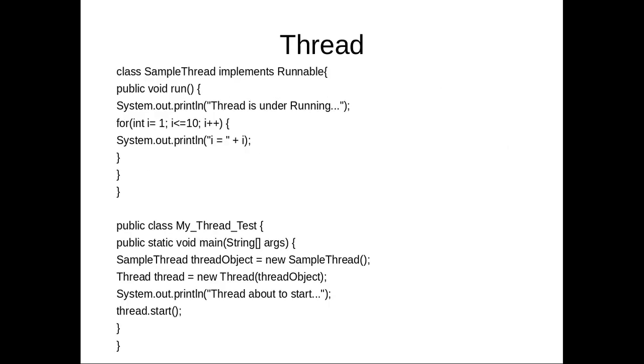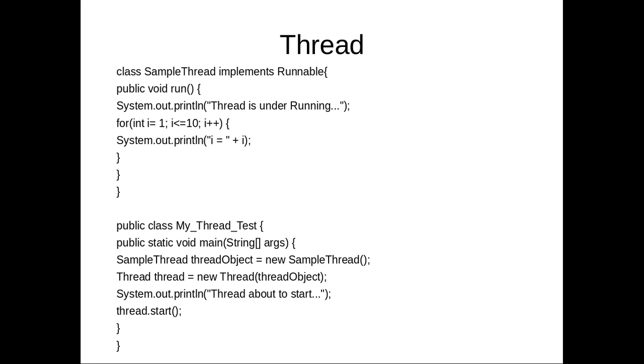So here I am going to show you an example. Same thing here, instead of creating a subclass, class SampleThread implements Runnable, that means it is actually implementing the Runnable interface. Now you override the run method, and in the run method the same code is written, for printing numbers 1 to 10. In the main class you have a SampleThread object: SampleThread obj = new SampleThread.